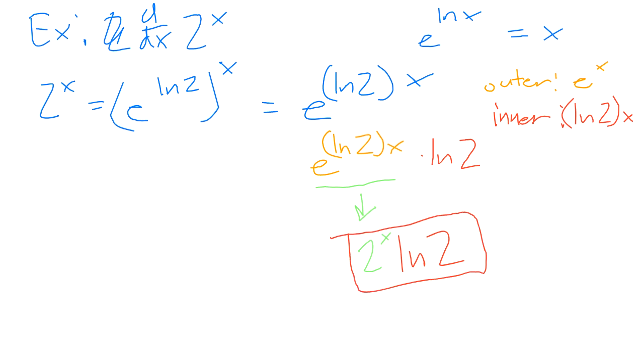And this once again brings us another new rule. We can take the derivative of any constant b to the power of x, and that is going to equal b to the x times the natural log of b.